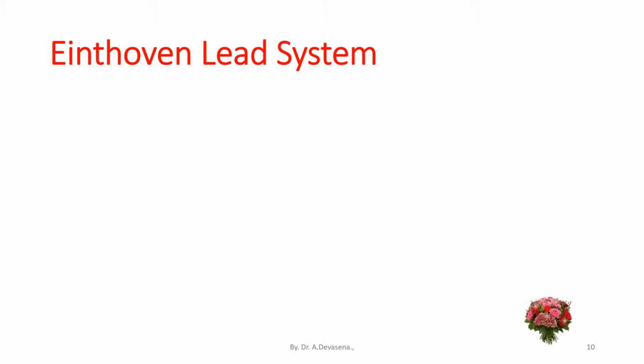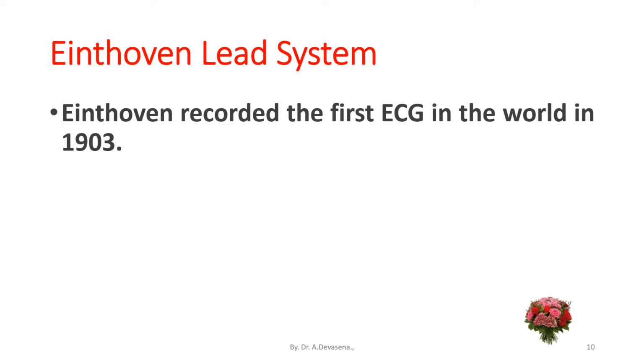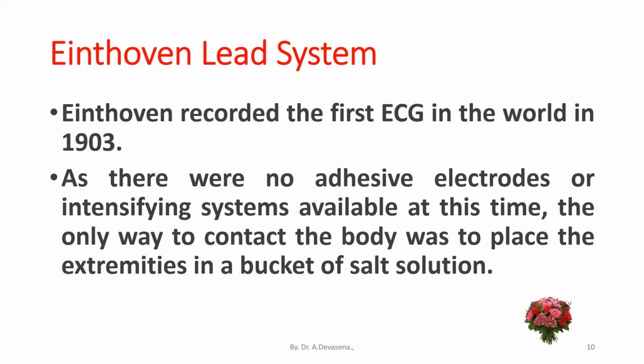Einthoven lead system. Einthoven recorded the first ECG in the world in 1903. As there were no adhesive electrodes or intensifying systems available at this time, the only way to contact the body was to place the extremities in a bucket of salt solution.